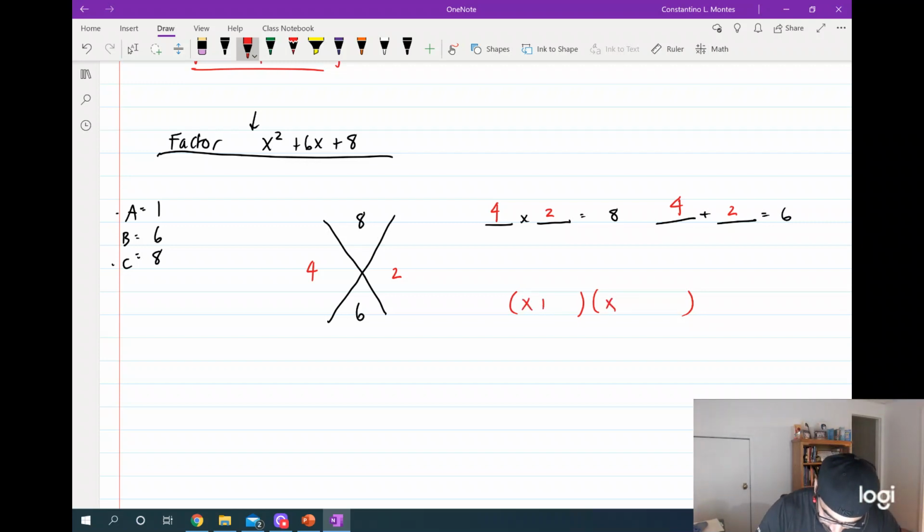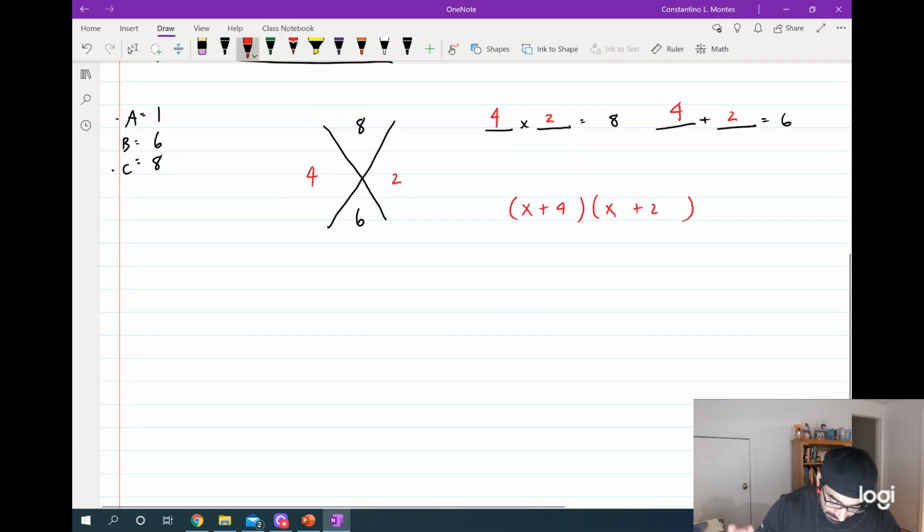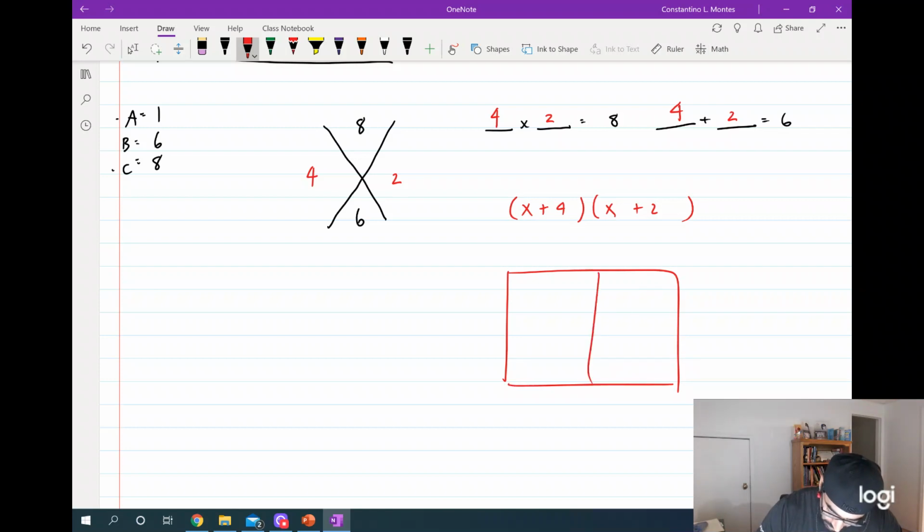We have positive 4 and positive 2. And if I wanted to check my work, just to make sure, we got x, 4, x, positive 2. And so we have now x squared, 2x, 4x, and 8.